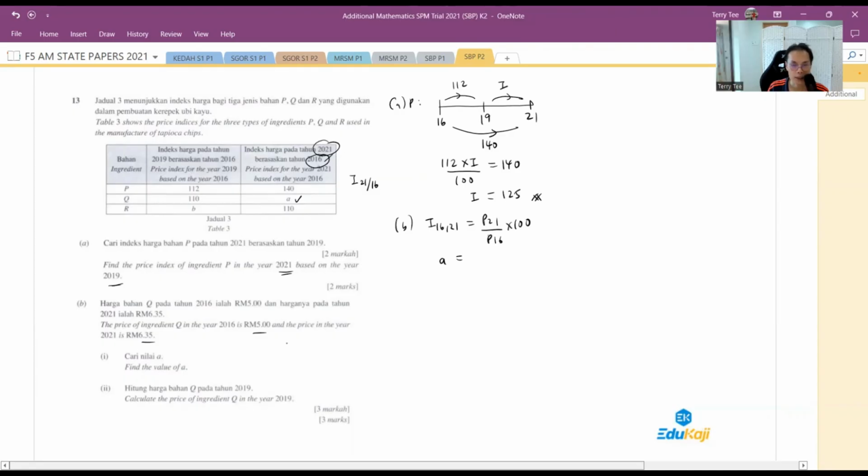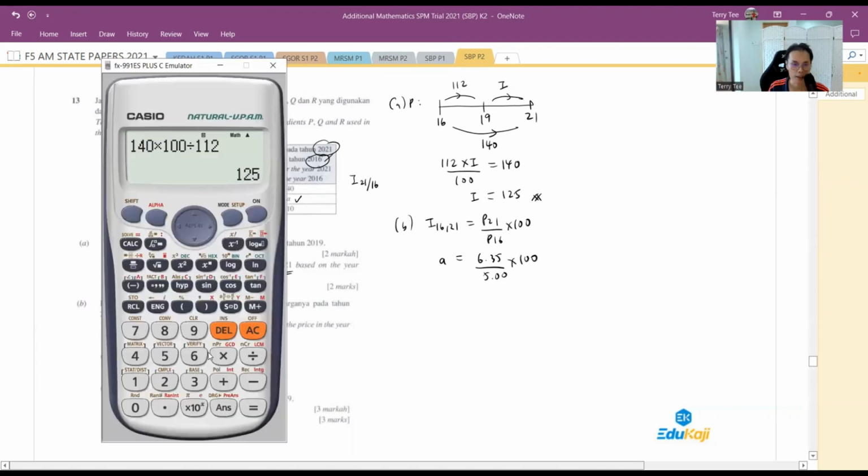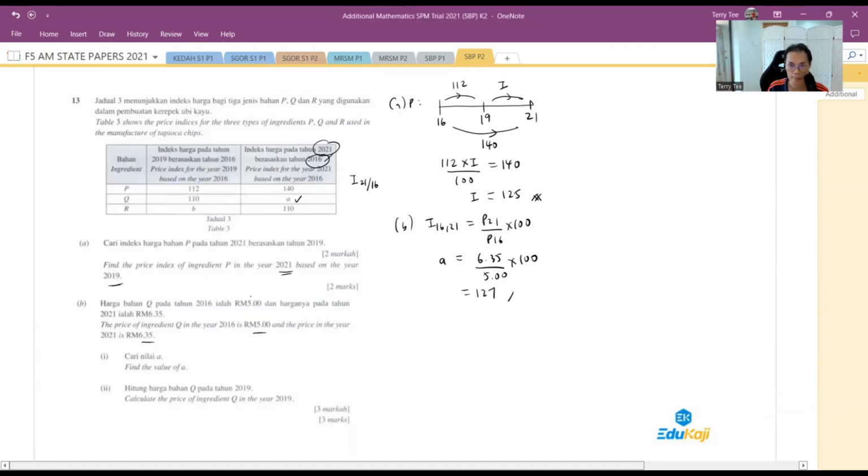Price in the year 2021 is 6 ringgit 35 cents. Price in the year 2016 is 5 ringgit. You multiply by 100. 6.35 divided by 5 times 100. I got 127. Then I want to find the price of ingredient Q in the year 2019. To do that, I need to go back to this and use this because I'm finding the price in 2019.